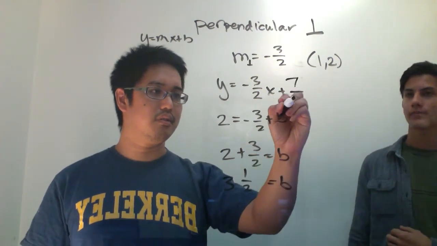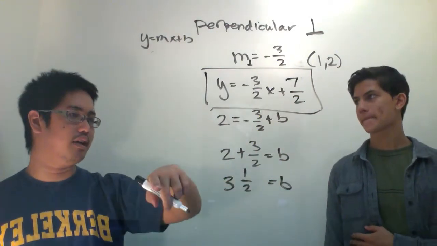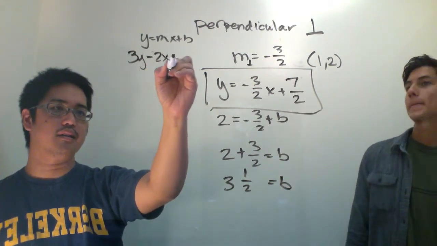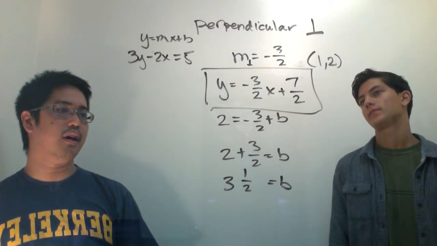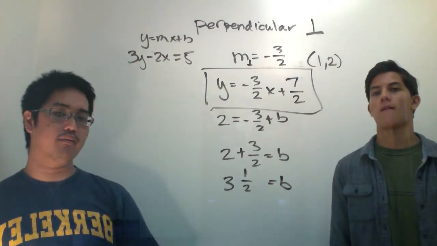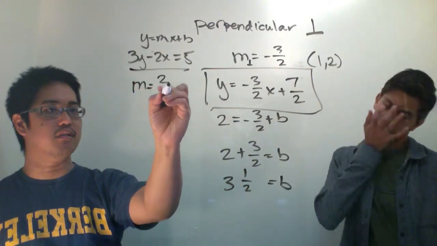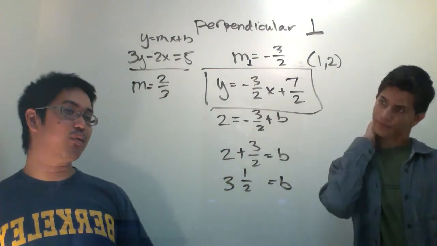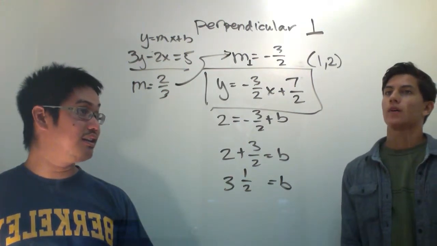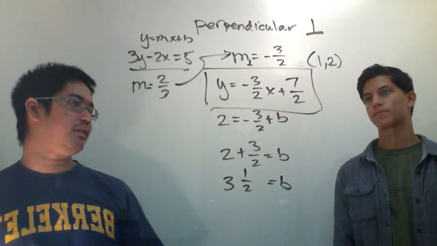So if you're asking me for the equation of a line that is perpendicular to that first line, 3y minus 2x equals 5, and goes through that point over there, then what I would do is take this equation, figure out what the slope is, which we figured out was 2/3, take the negative reciprocal of that, which gives us negative 3 halves instead, and then use that information to figure out the equation of the line.